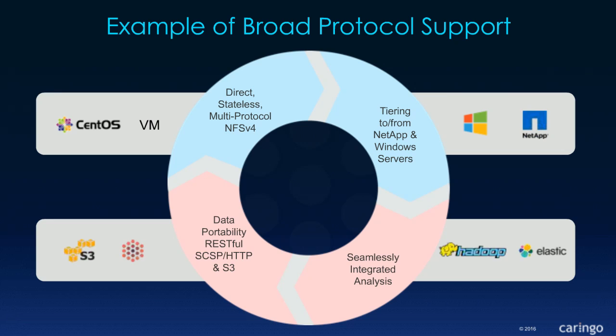This is really just an example of broad protocol support. So if we can point to one of the major advancements in object storage for all vendors in the past 2 years, this is what we would point to.